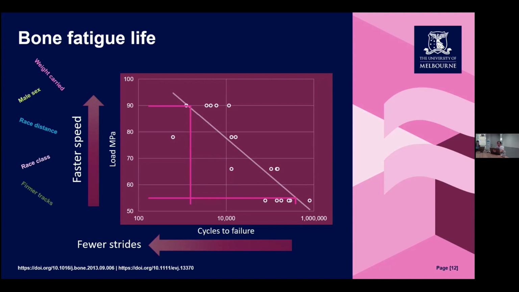So a firmer track will produce faster speeds, and thus a horse will take fewer strides before it hits its bone fatigue life and sustains an injury. If we continue to race a horse on a very firm surface over time and we don't give that horse rest, it will have adapted to that condition, but the damage will accumulate and we will eventually see a catastrophic injury.